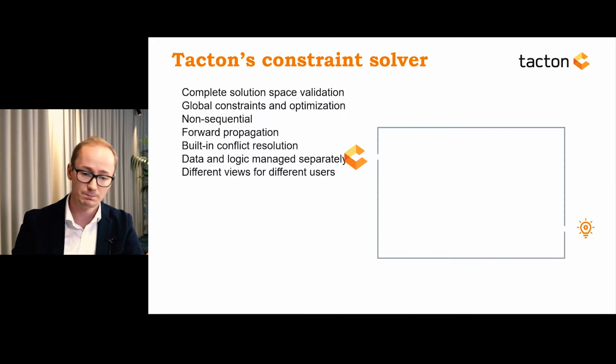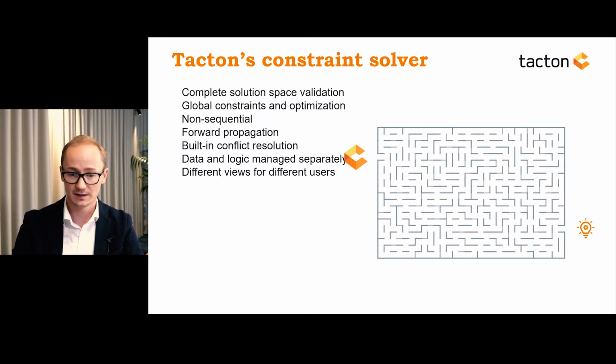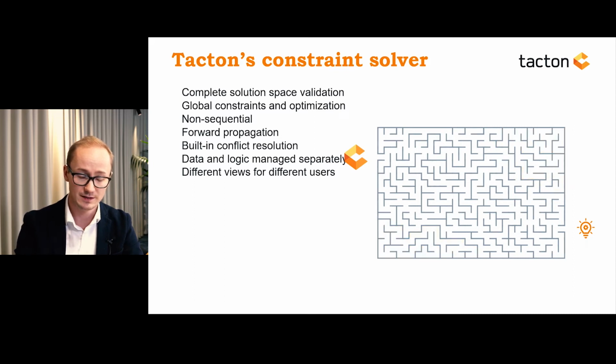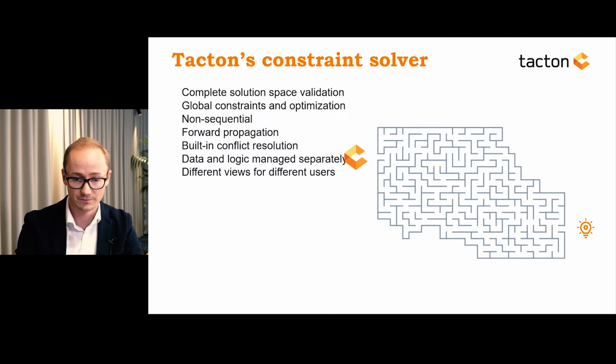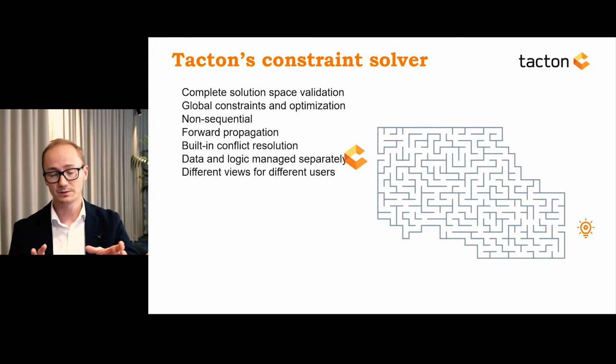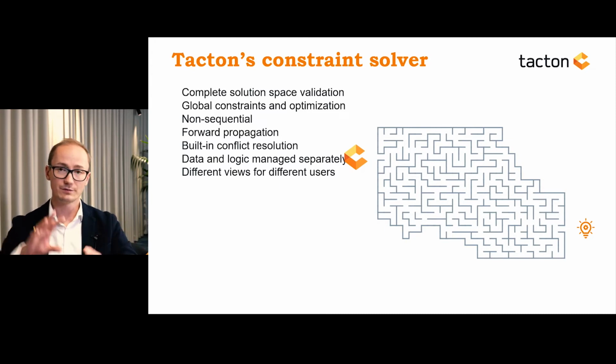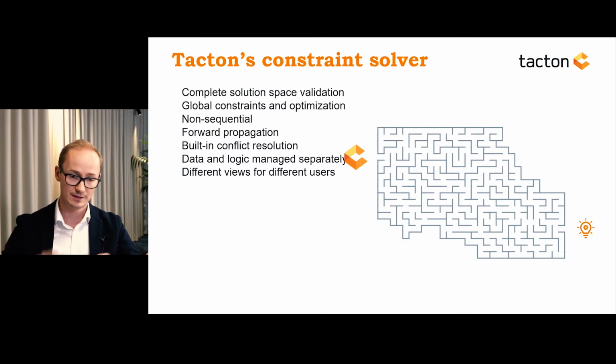But then we start putting in the constraints. And in this picture, it's represented by all the walls in this maze. Still, the configurator is trying to find a way through this maze. First, it will figure out a thing that we call propagation, a domain validation. So for instance, we might have put in some rules saying that you can never go to the areas here in the ends.